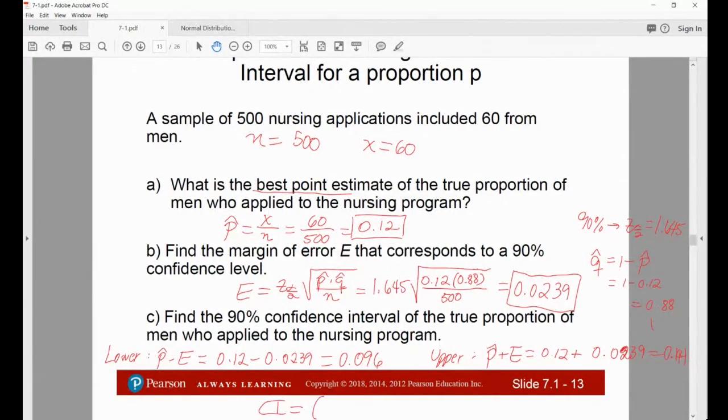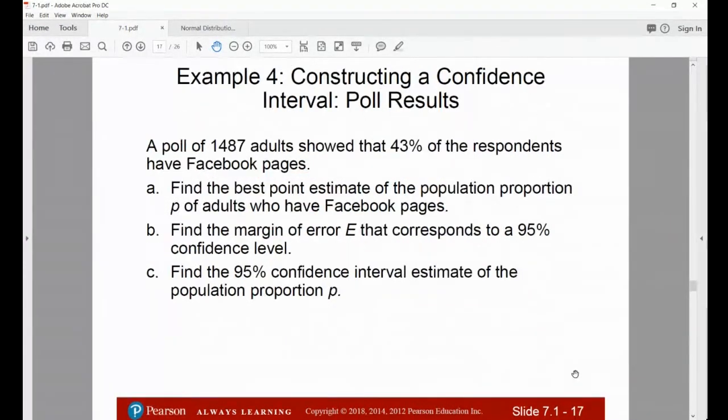The confidence interval is a range of values between 0.096 and 0.144. Another way is to write it like this: 0.096 less than p less than 0.144. So these are different notations. In the homework, you will see how to write the confidence interval using different notations. Sometimes you will use this notation, sometimes you will use this one. They are all equivalent, okay?